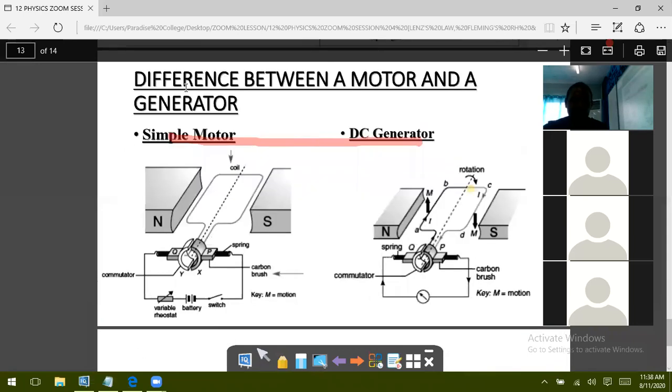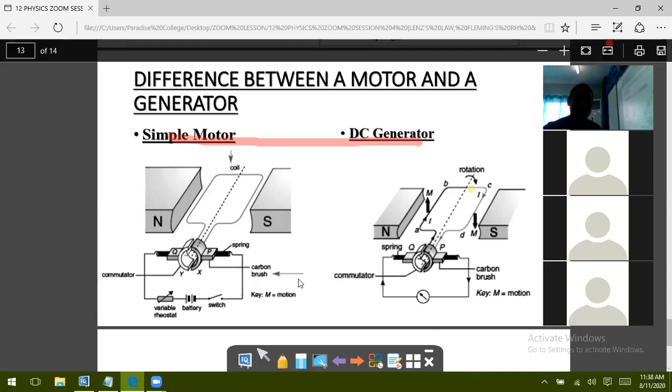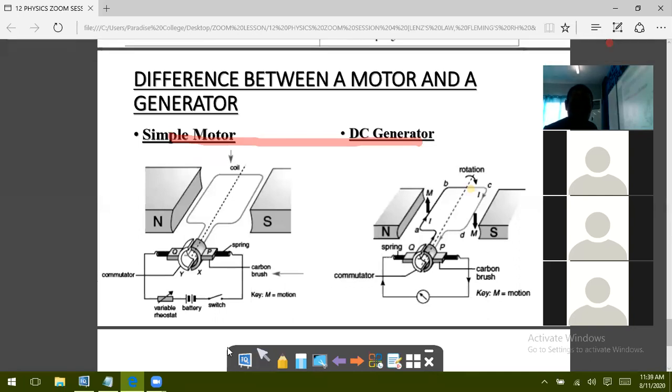So this is it: the difference between a motor and a generator. Simple motor. Look at those two diagrams closely and tell me if there are any differences that you can see. You have a magnet on this side, the South Pole on this side.